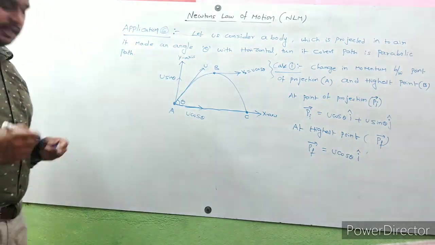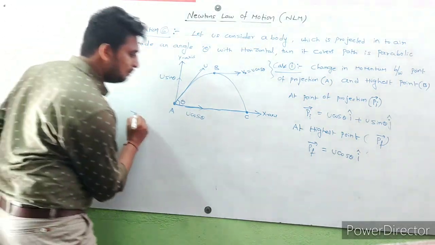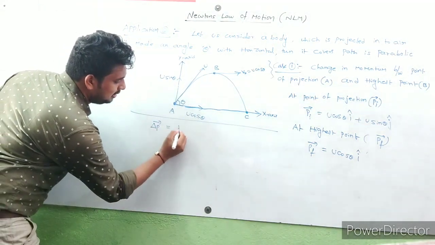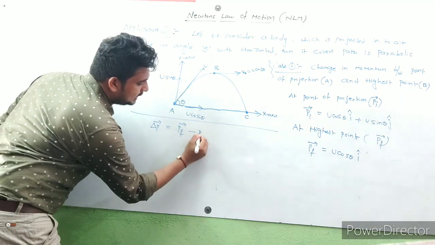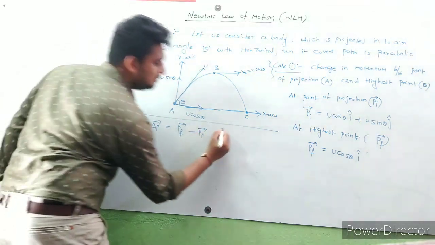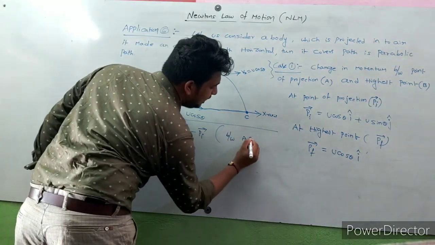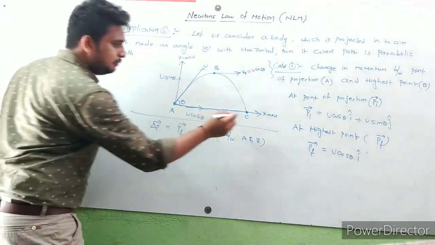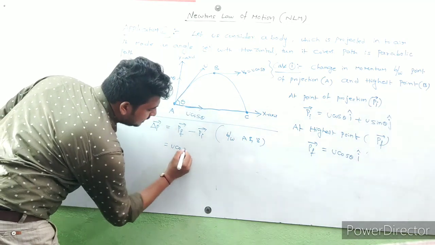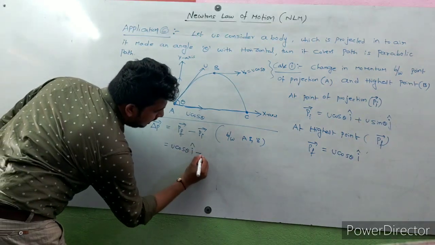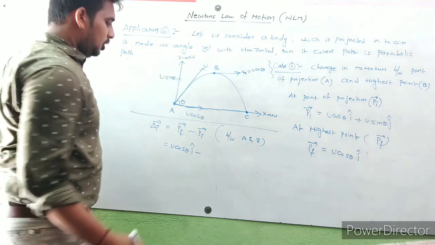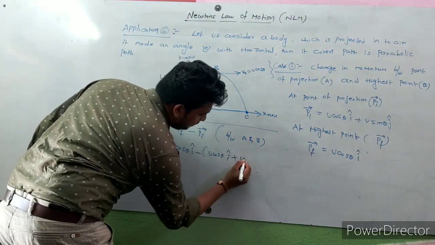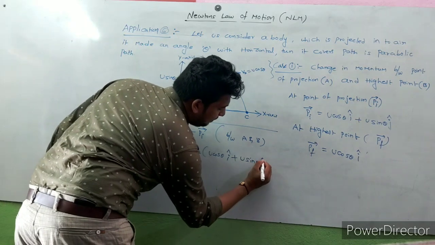From this, apply change in momentum. Change in momentum delta p bar is equal to p f bar minus p i bar, between points A and B. So p f bar is u cos theta i cap minus p i bar, which is u cos theta i cap plus u sin theta j cap.